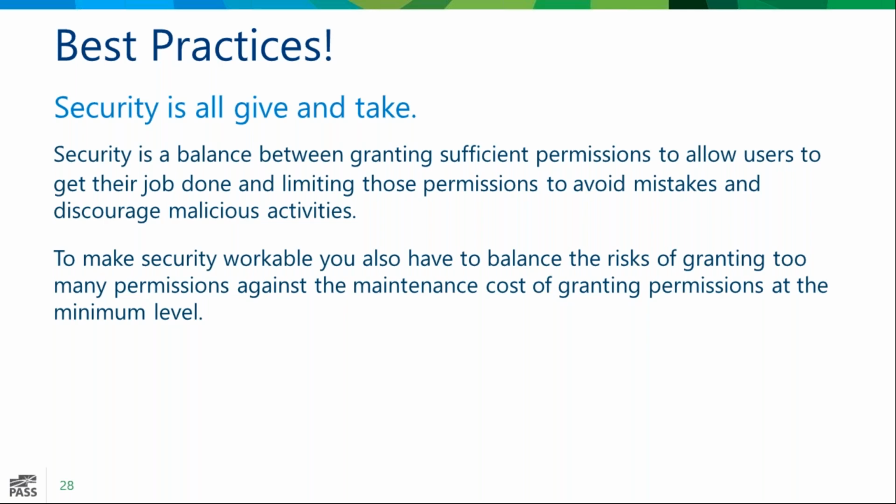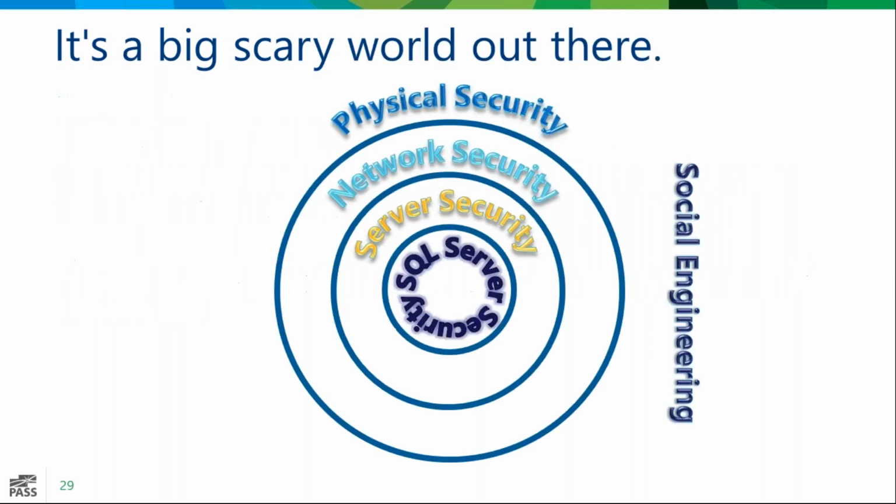This database is particularly secure, so I'm going to do things differently here, and I'm going to grant my permissions at the object level here. Okay? We have to be able to do our job, but so does everybody else. And at the same time, we've got to protect our data. We've got to protect our systems. Because here's the thing.